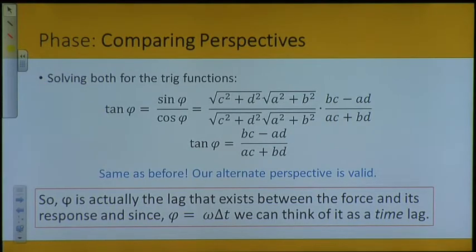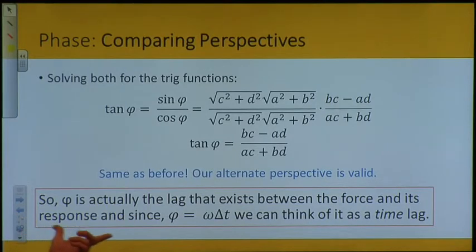In other words, it's the exact same solution that I had when I tried to just think of it as x over f. So what does this mean? This means that our alternative perspective is valid. It means looking at it as two independent vectors in complex space, the response x and the excitation force f, the angle between them is our phase.